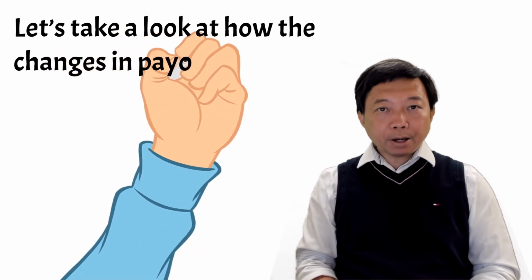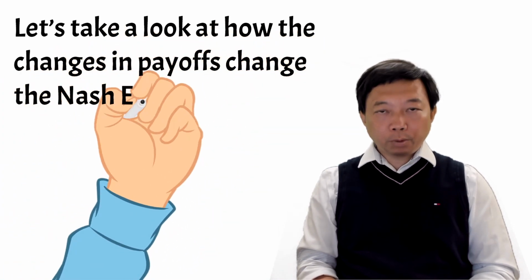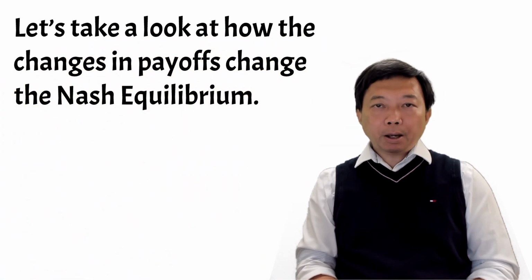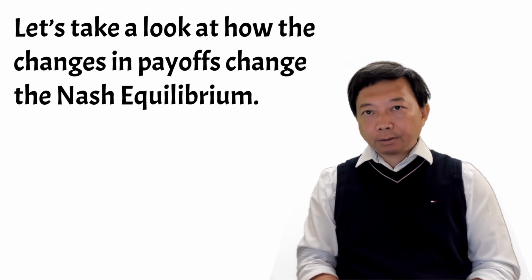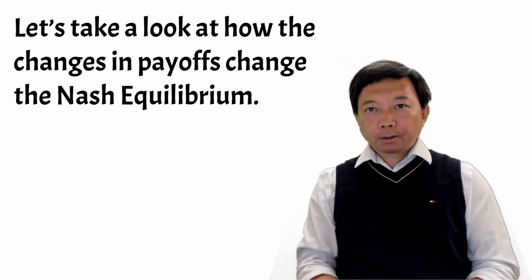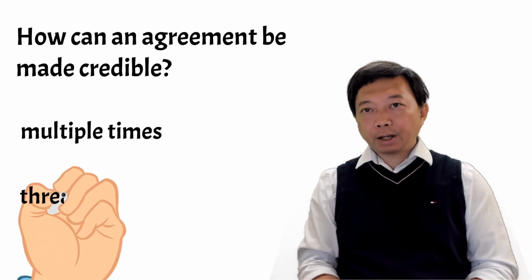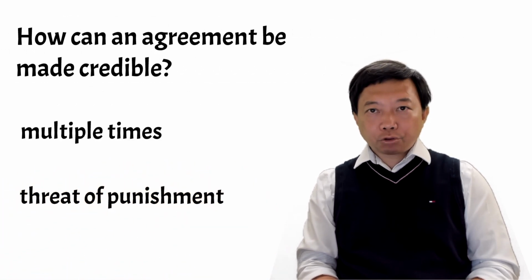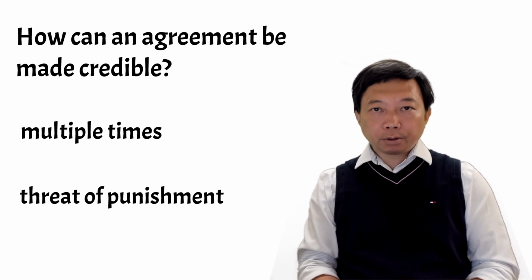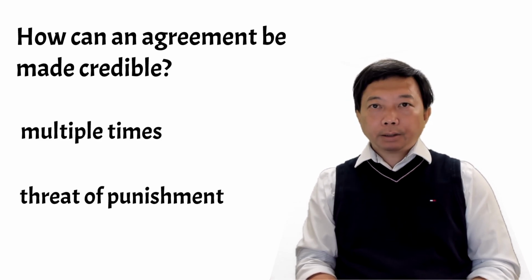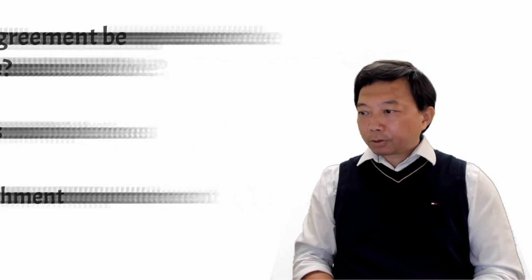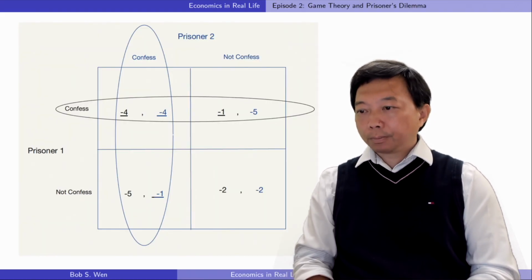Next, let's take a look at how changes in payoffs change the Nash equilibrium. Suppose the two suspects reach an agreement beforehand that if they are arrested, they will not plead guilty, and if anyone fails to comply with the promise, they will be punished after being released from prison. Then, the suspect's payoffs will change.